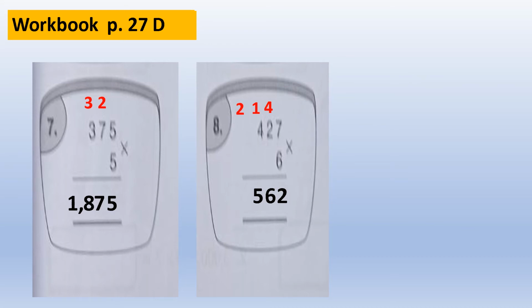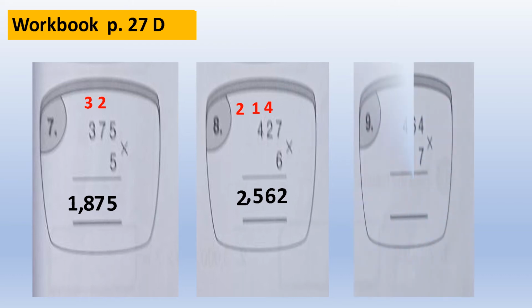So there's no more digit in the thousands place, so just bring down 2. Don't forget your comma after the third digit from the ones place. So the product is 2,562. So you say 427 times 6 is equal to 2,562. Now number 9. Let us read the problem first.